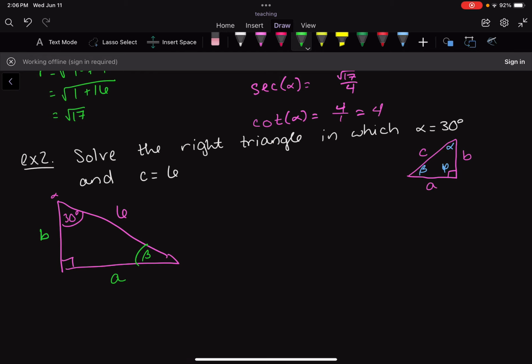Now again, I really can't stress enough that if you are drawing a triangle on your own, as long as you have alpha across from A, beta across from B, gamma across from C, your orientation doesn't matter.